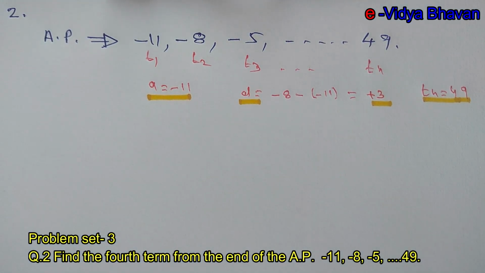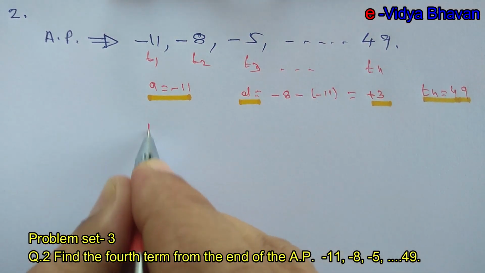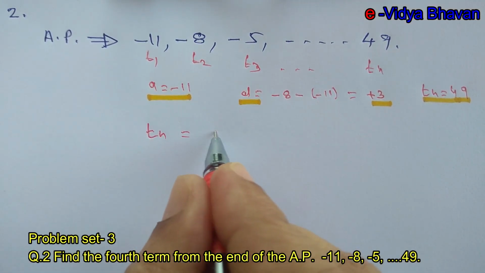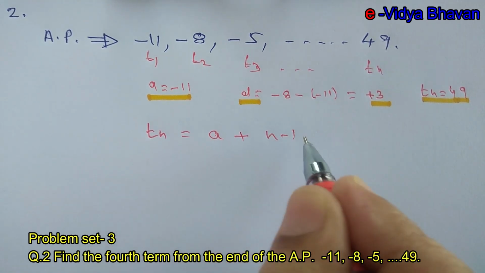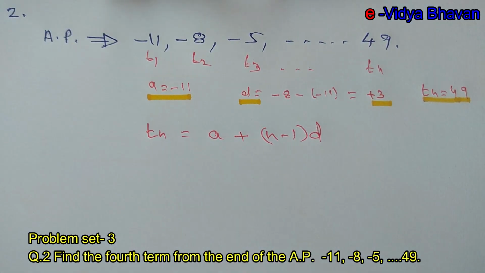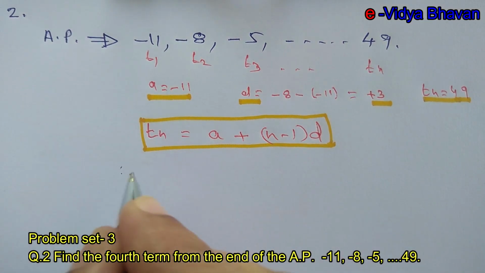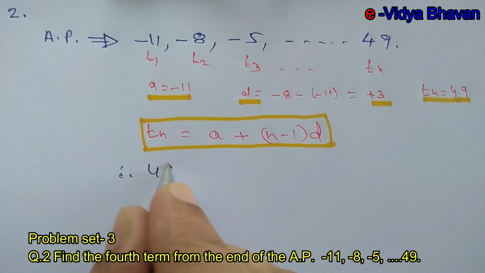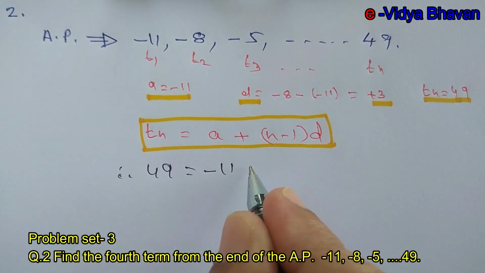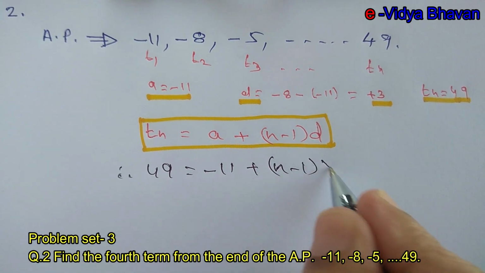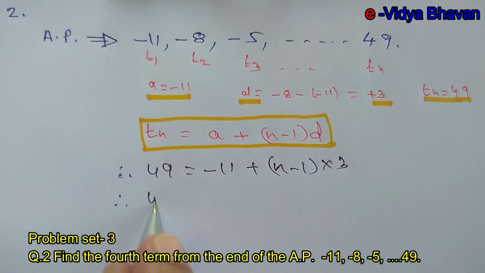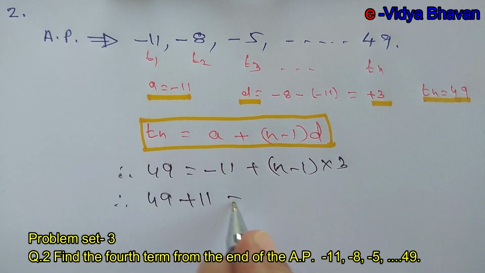Now let us write down the formula for the nth term. Tn is equal to A plus n minus 1 d. And let us substitute the values. So we have Tn here 49, A is minus 11, n we don't know, D is 3. Therefore 49, minus 11 will come this side, you do plus 11, equals n minus 1 into 3.